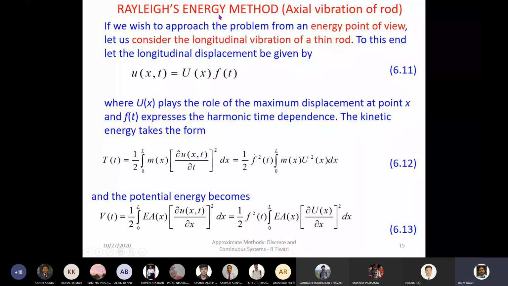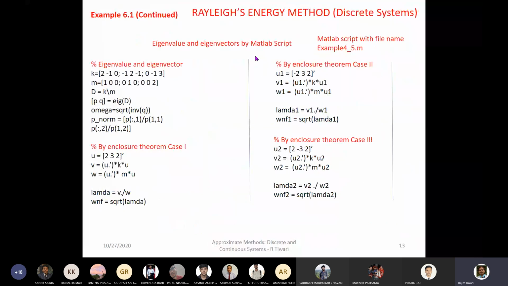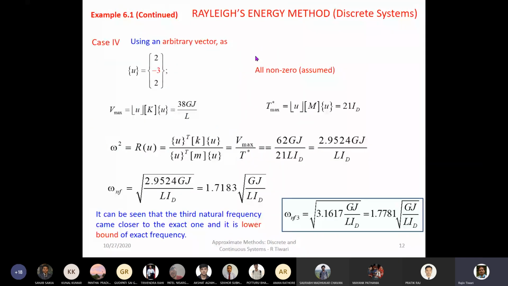Rayleigh's energy form now we'll use. In the previous lecture, I used this energy form in the discrete case. In the discrete case, the advantage of this method is not that much, but now we'll see that for the continuous system, especially, this method will be more useful.